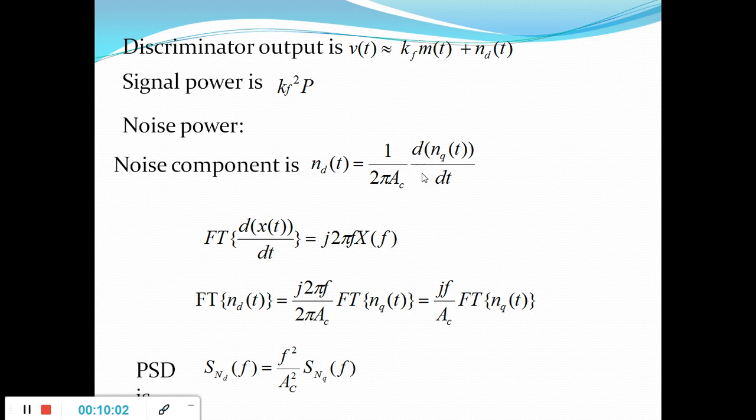Therefore, the Fourier transform of nd of t is equal to 1 by 2 pi AC j 2 pi f into the Fourier transform of nq of t. 2 pi gets cancelled, it is jf by AC times the Fourier transform of nq of t. Therefore, the PSD S_nd of f is equal to, squaring the function and taking the modulus, f square by AC square times the PSD of nq of t.